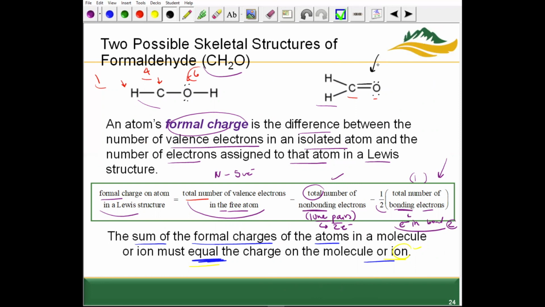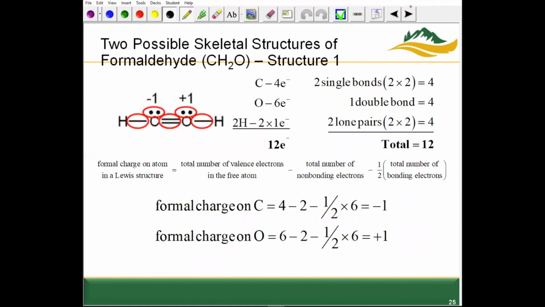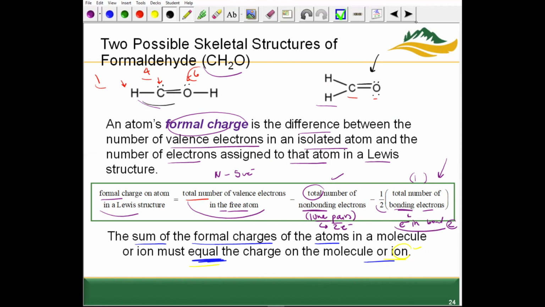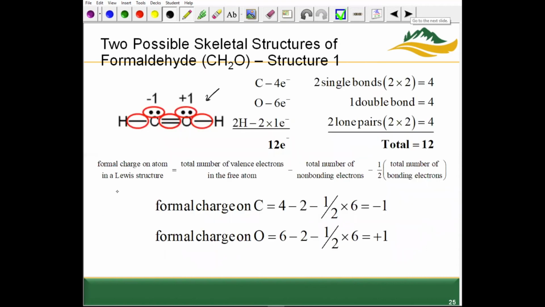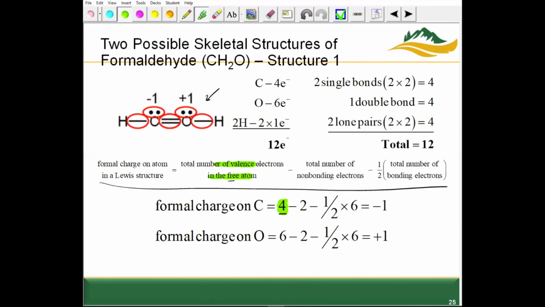So let's compare these two. The structure we're comparing here has a lone pair on the carbon, a double bond here, and then a lone pair on oxygen. So going through this one first, here's our formula. The number of valence electrons in the free atom for carbon is 4.